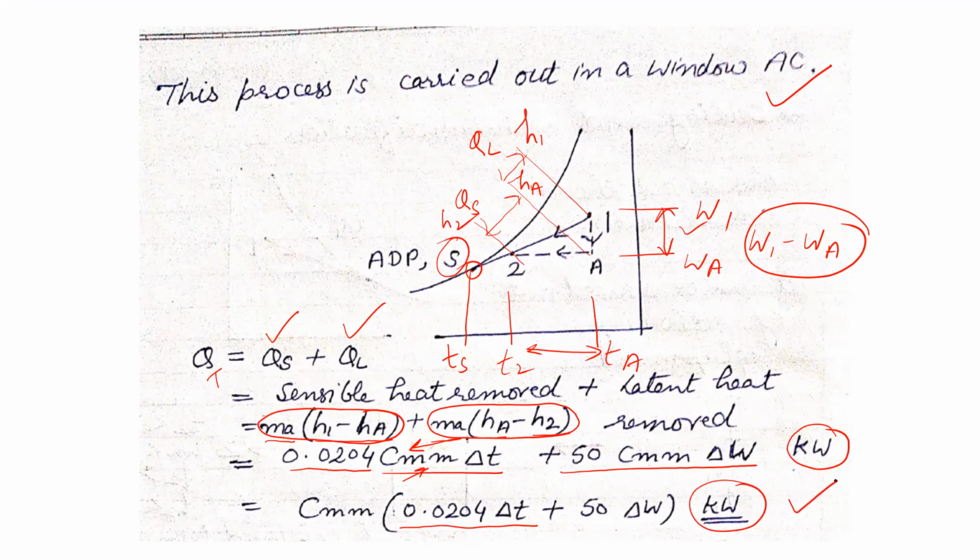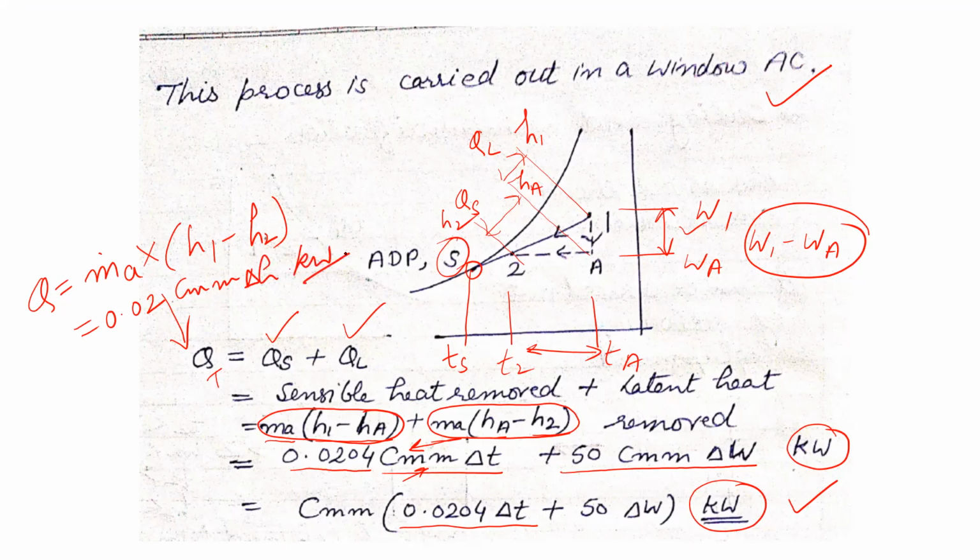Otherwise, if I want to write the heat removed from the air, it is equal to mass of the air into (H1 minus H2), and this value will be equal to 0.02 cmm delta H, this much kilowatts.